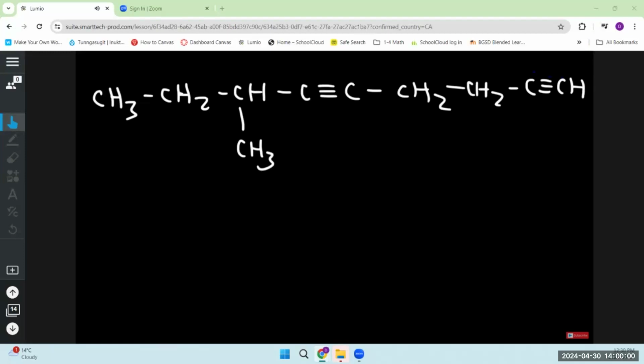Because we have the triple bond at the end here, we want to start counting from right to left. We want to give the triple bond the lower values. So we have a 9-carbon chain. That's the longest chain. And so that's going to be nonane, but instead of nonane, it's going to be non-. We do have 2 alkynes, or 2 triple bonds, so it's going to be a diyne. So let's put it all together.